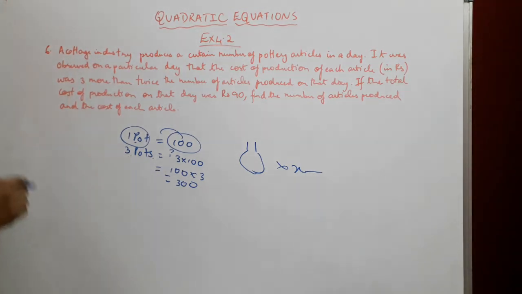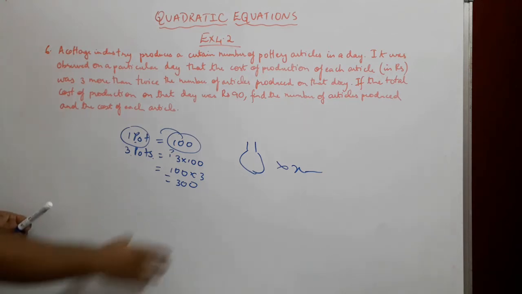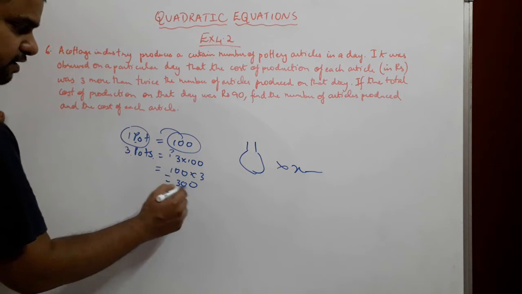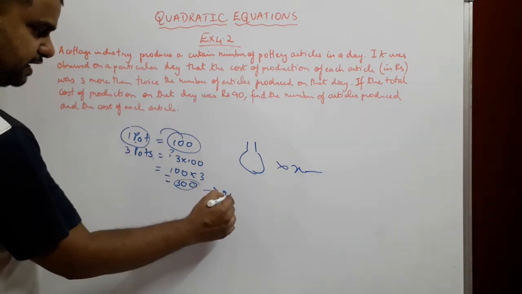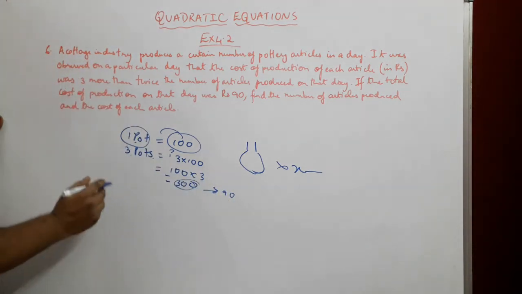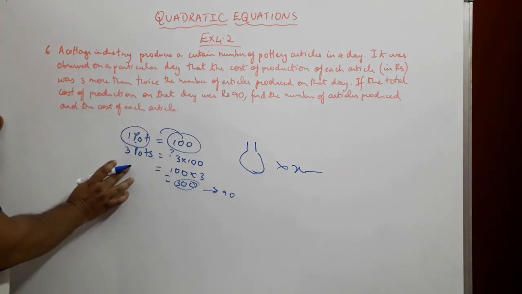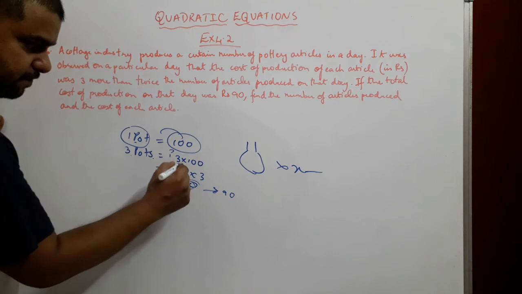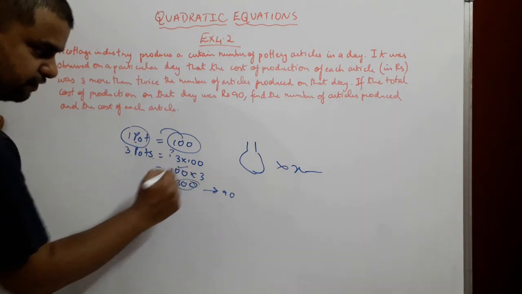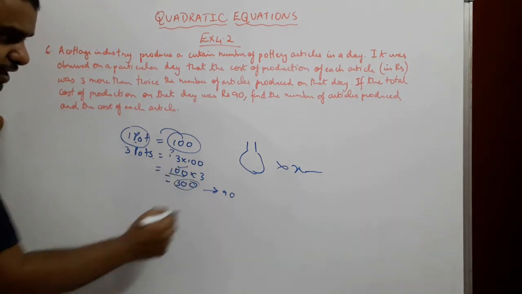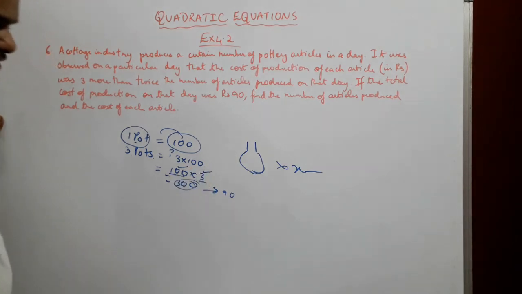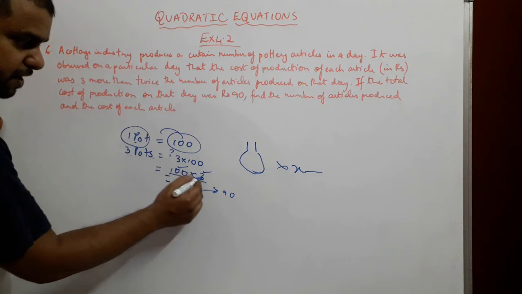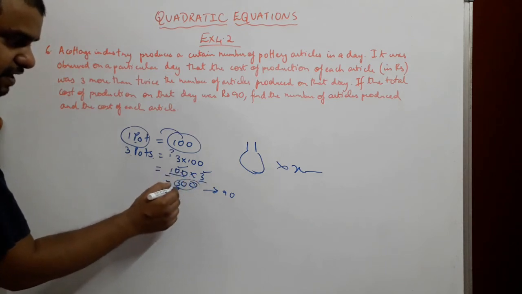So the same thing we need to do here, except over here we are given the total. Instead of this 300, we are given 90. We need to find how many pots were produced and what was the cost of each pot. In this case it was 100, and how many pots were produced. When we multiply these two, that is the time we get 300.